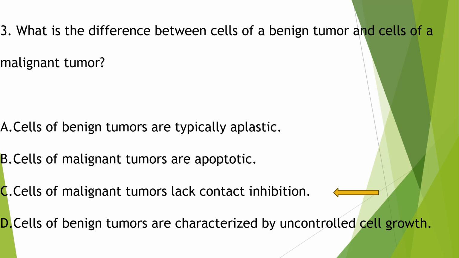Contact inhibition happens in benign or normal cells, meaning that when one cell comes in contact with another cell, its growth stops. But in malignant tumors, there is nothing like that. There will not be a stoppage. So the cells of malignant tumors lacking contact inhibition is what differs from the benign.